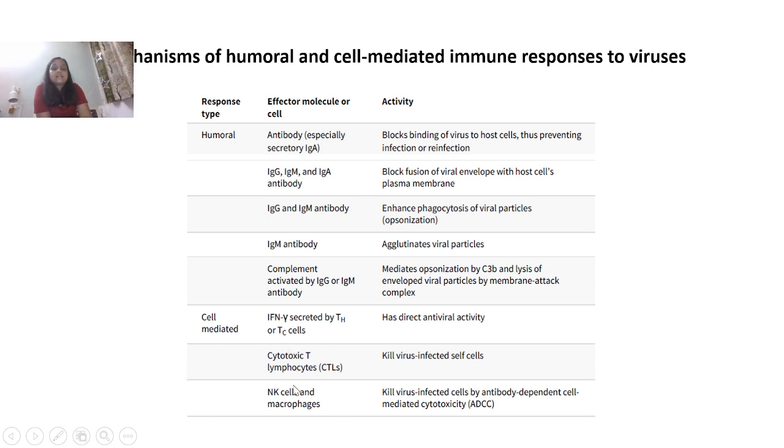Then there are NK cells, natural killer cells, and macrophages that kill the virus infected cells by antibody dependent cell mediated cytotoxicity. This is a phenomenon which we can learn later. And as you can see there, these are in short the different kinds of immune response to viruses by the humoral as well as the cell mediated, means the adaptive immune response.